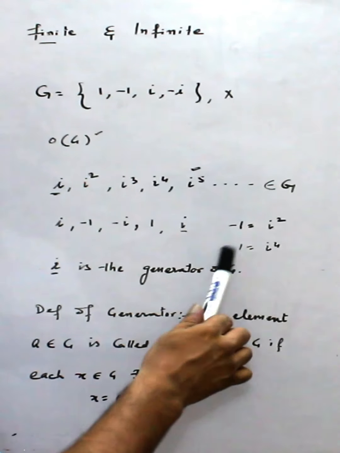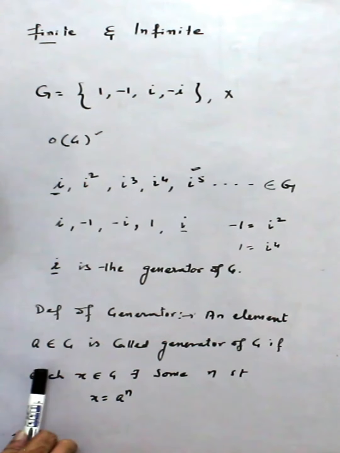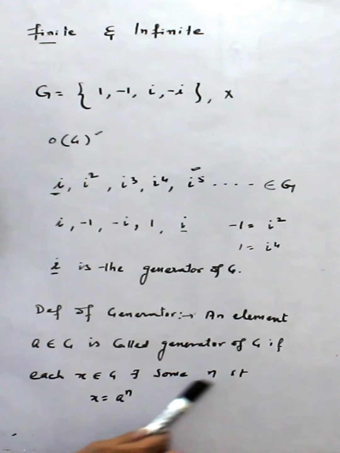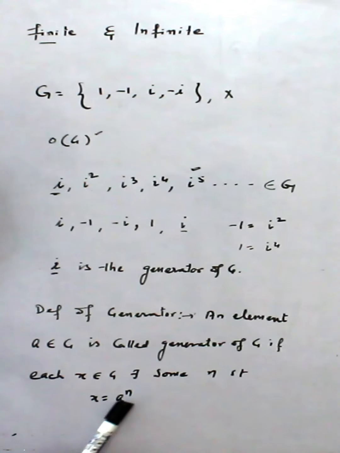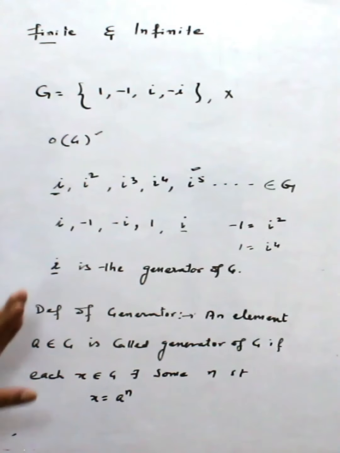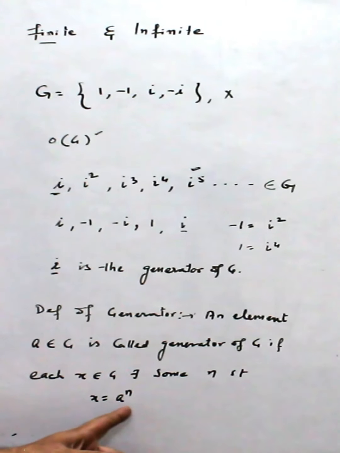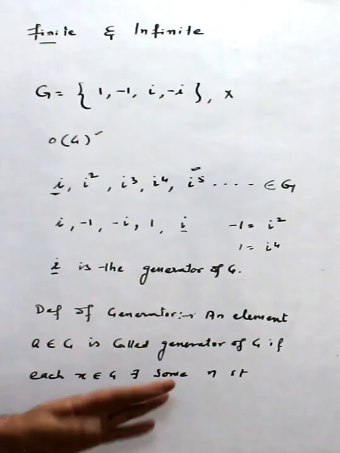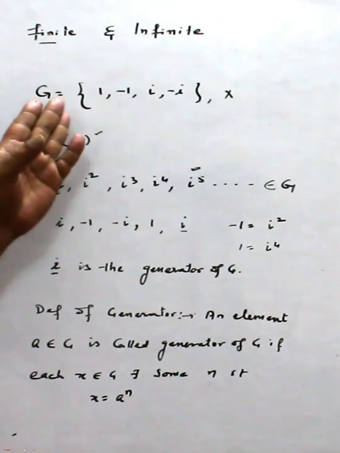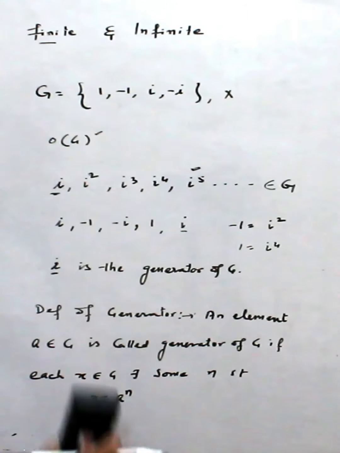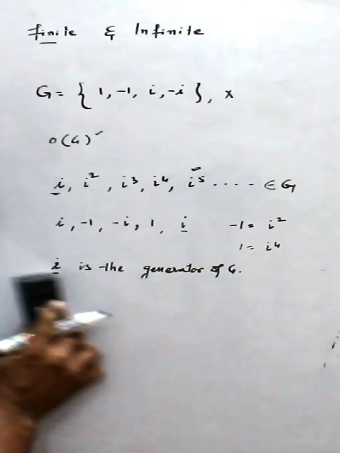That means each X of G can be represented as some power of A, then A is the generator. Another part: if a group can be represented by some element A, then the group is called cyclic. Now we define the cyclic group.